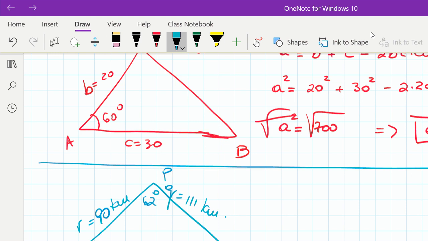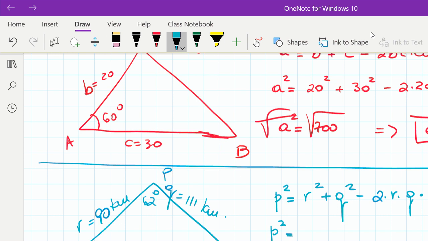Now, the way that we will apply this will be p squared is equal to r squared plus q squared minus 2 times r times q times cosine 62 degrees.